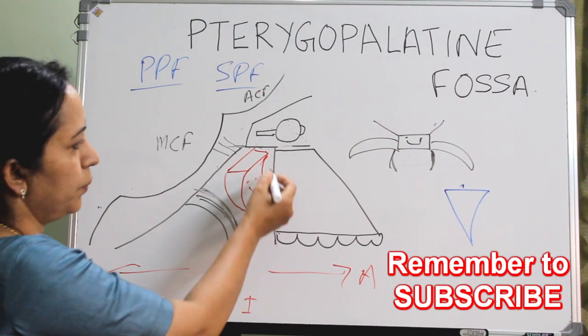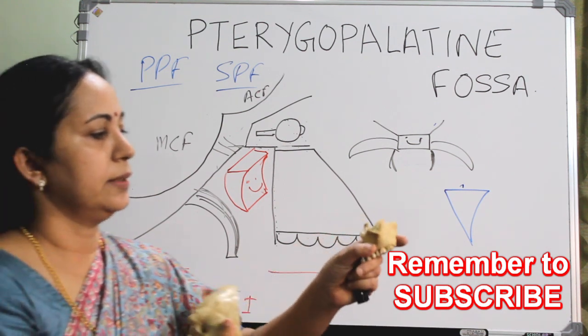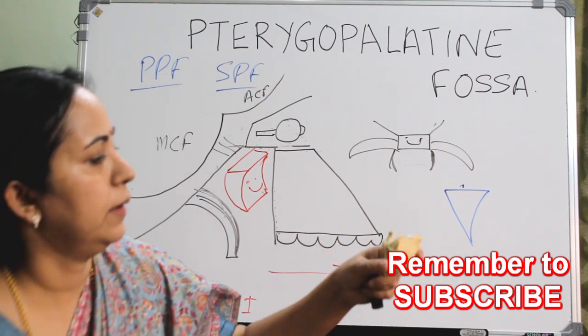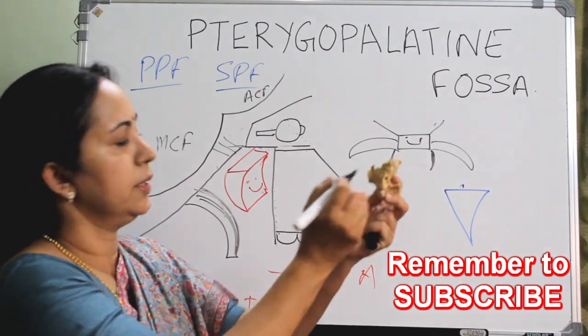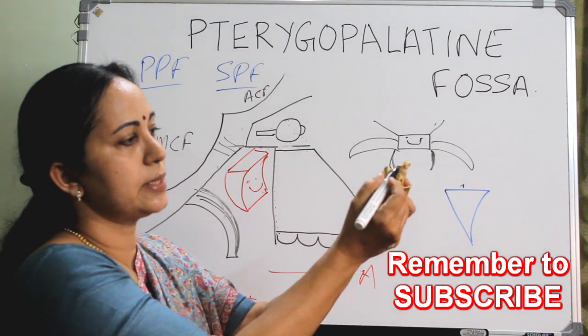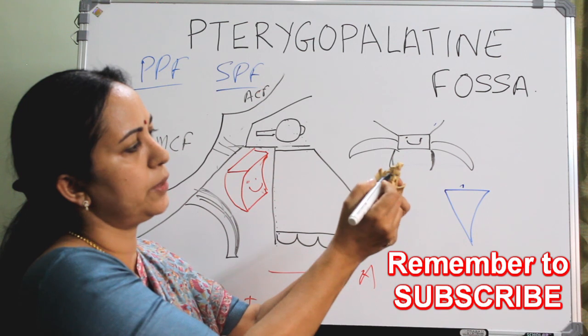Anteriorly comes the posterior wall of the maxilla. You can see here that this is the posterior wall of the maxilla. Actually this pterygopalatine fossa is related to only a small part. Here there is an impression, this part only.